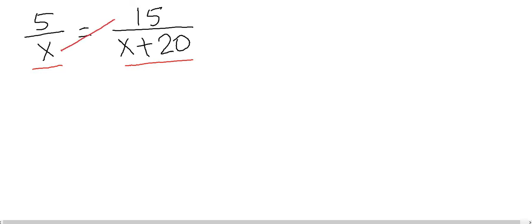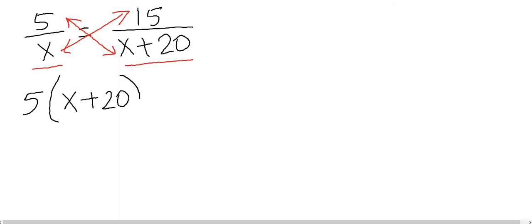So you cross multiply this way and you cross multiply these two, right? So we get 5 times x plus 20, right, equals 15 times x. So you just cross multiply. That way you bring all the x's from the denominator up into the numerator where you can actually then solve.